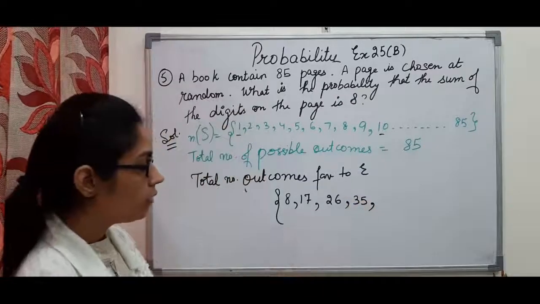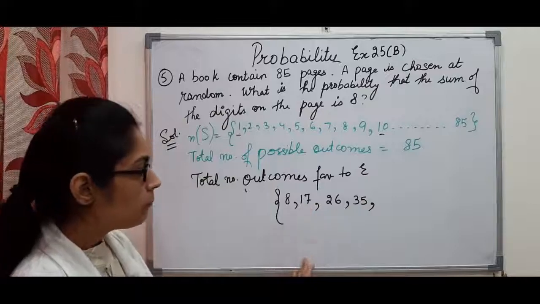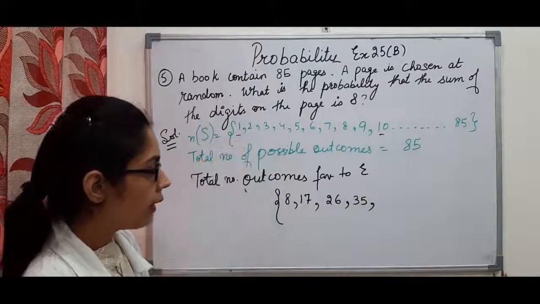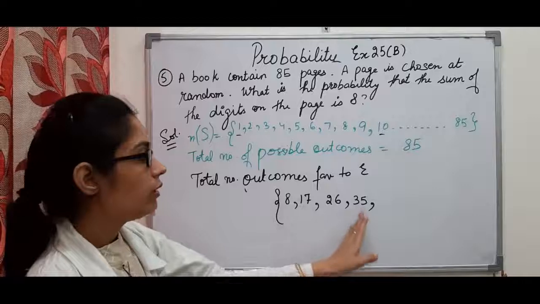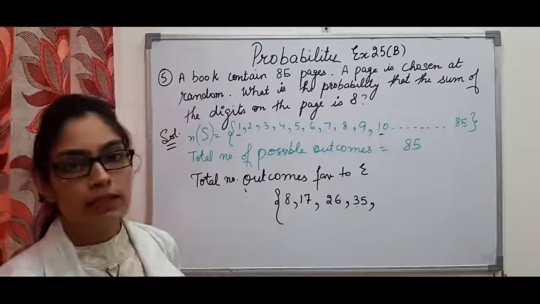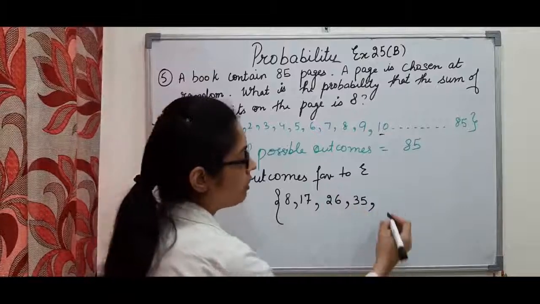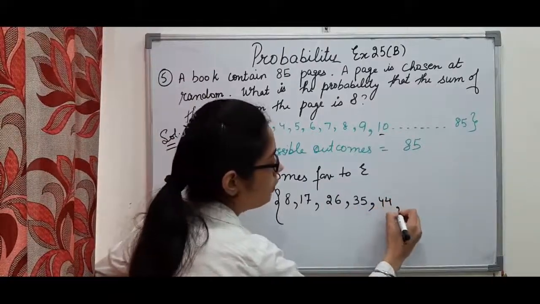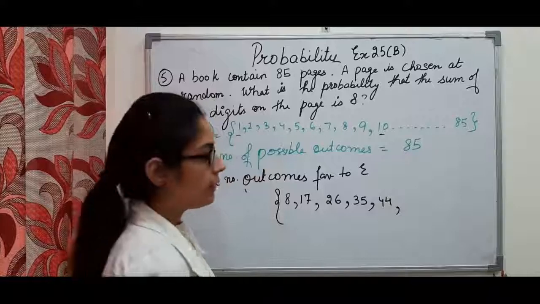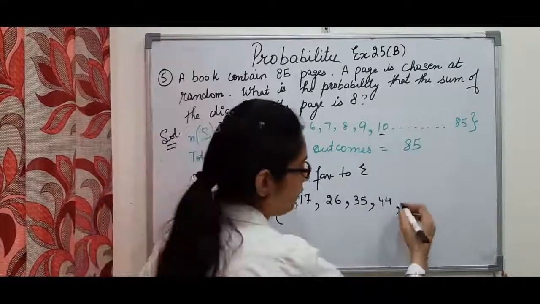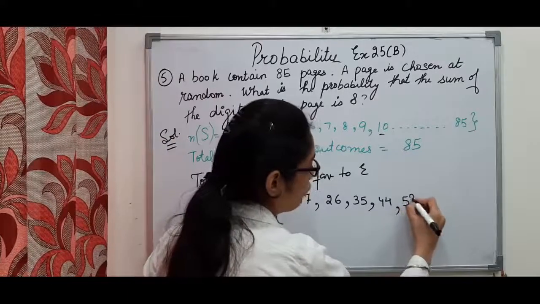So whichever row we are looking, first 11 to 20, then 21 to 30, then 31 to 40, in this way you can easily get all the required numbers. Then 41 to 50 we will look, it's very easy. 44, 4 plus 4 is 8. Then 51 to 60 we will look, it will be 53.